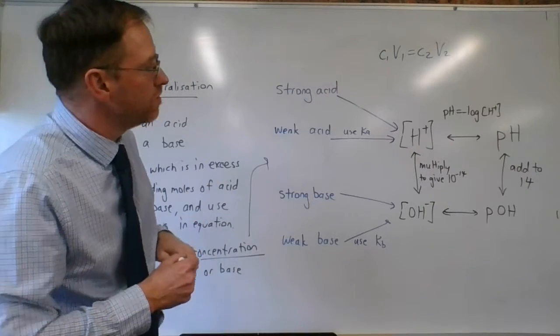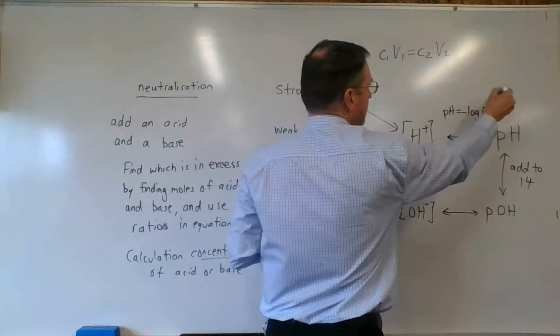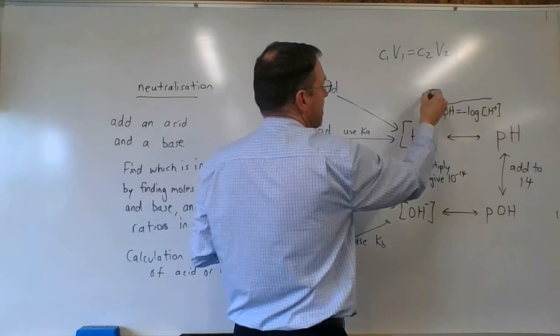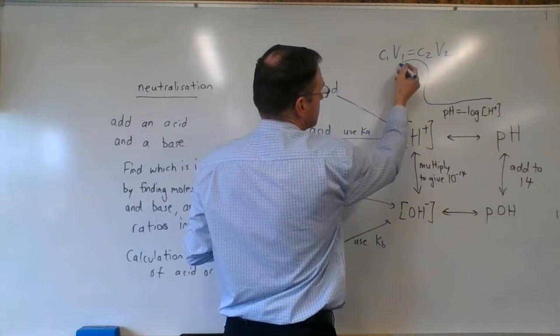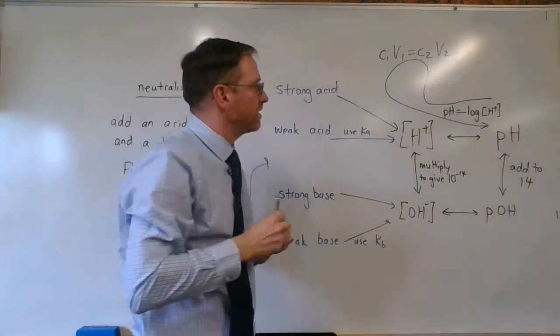So all you've got to do, if you're given the pH of a solution and told it's diluted, start with your pH, move across here to calculate your hydrogen ion concentration, then you use the dilution formula to find the new concentration, then you go back over to there to calculate the pH.